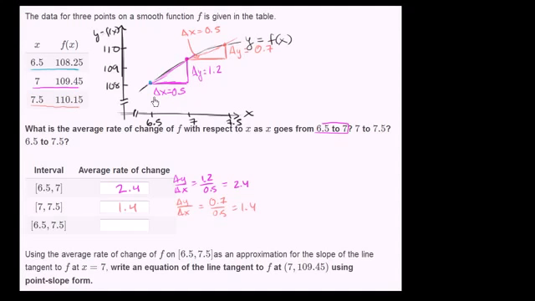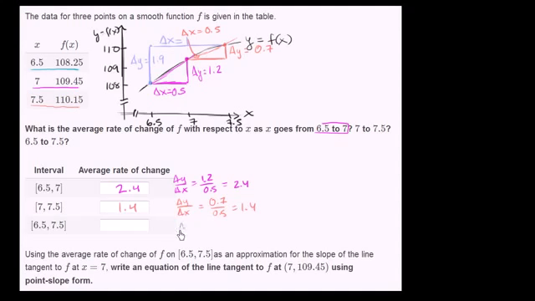So let's think about our delta x, and maybe I'll do it up here. So our delta x, we're going from 6.5 to 7.5. So our delta x is equal to 1. And what is our delta y? So our delta y, our change in y, is equal to, let's see, we end up at 110.15. We started at 108.25. 110.15 minus 108.25, we increase by 1.9.